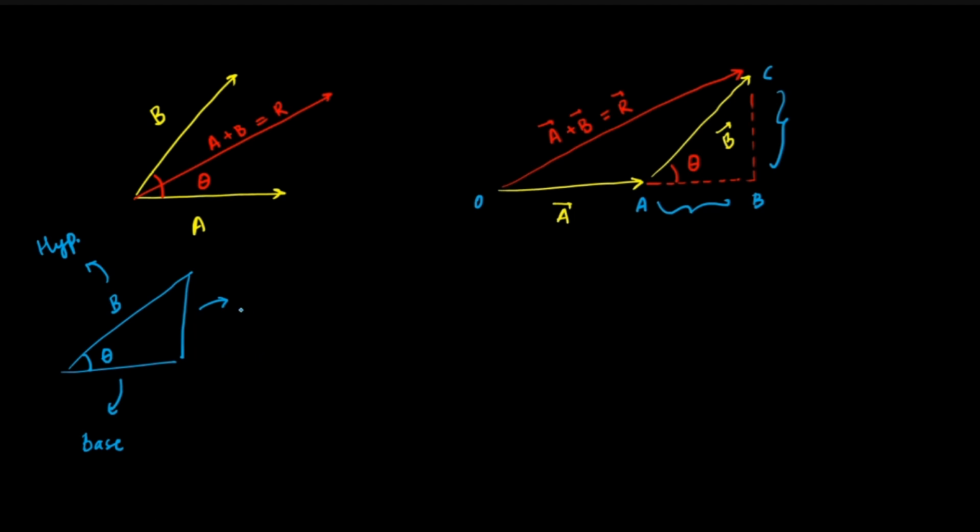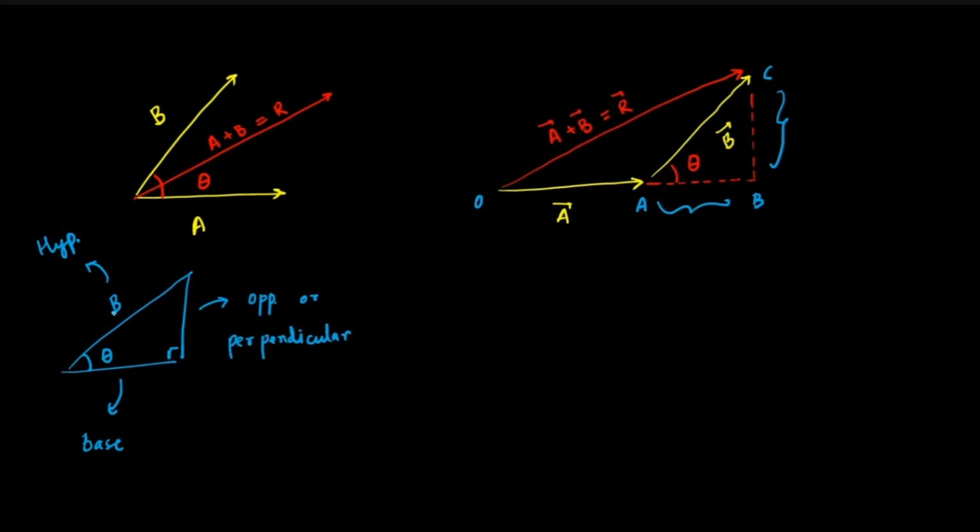Similarly, we can call the third side base and height. This side, this side, we can call opposite or perpendicular. This one is the hypotenuse, the base we call the adjacent side, and then the opposite side. This side is basically opposite to this theta, so that's why we call it either opposite or perpendicular.